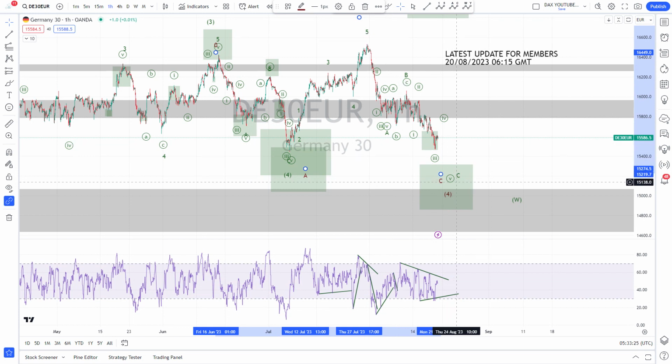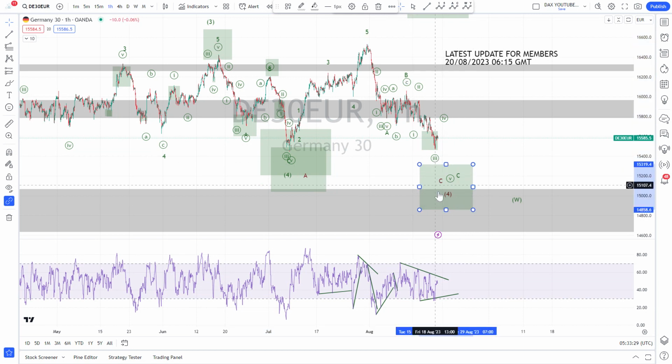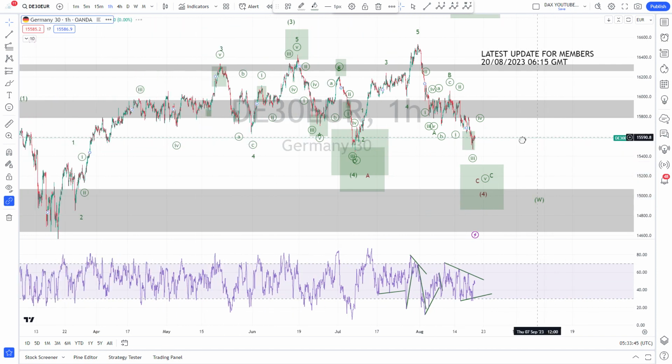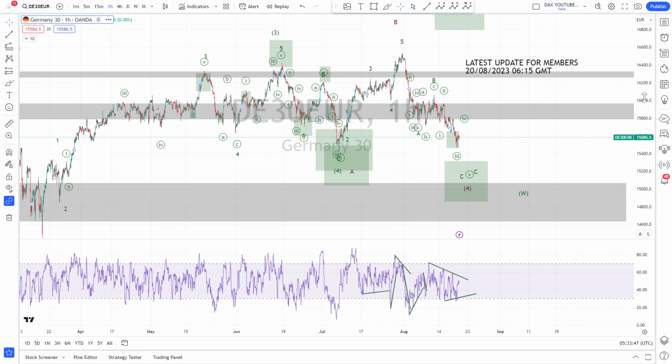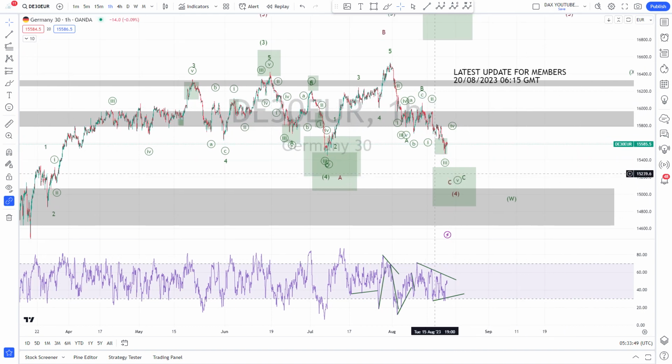So I think going long from this area is a good idea, but the execution can be different. Either we get a little bit more downside as a wave C, or we go deeper into this area as a wave C. But therefore, we now need more data. So this is my idea for today with the DAX, a long somewhere from here.